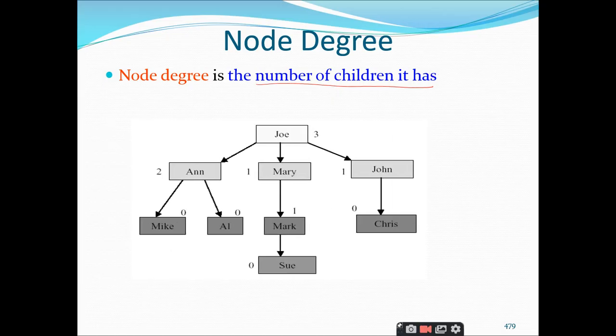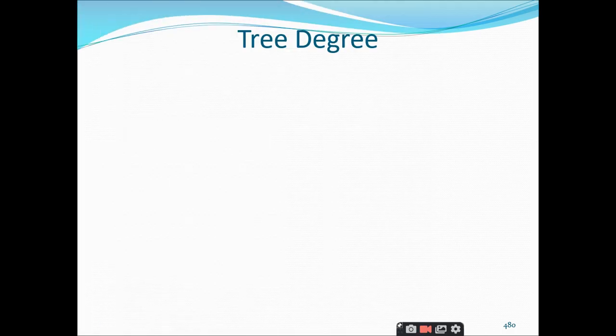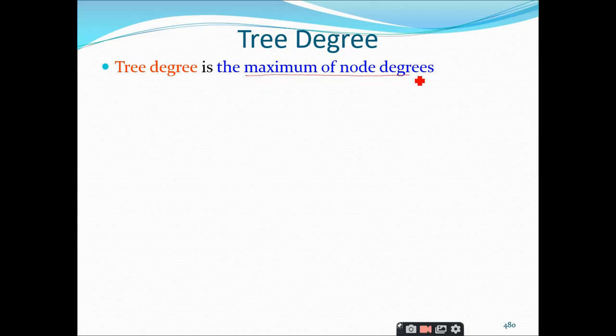So these are the node degrees of this example. Joe is having 3 children, Anne is having 2, Mary is having 1 child, John is having 1, and like that we know all these things. And coming to the tree degree, the tree degree is the maximum of node degrees.